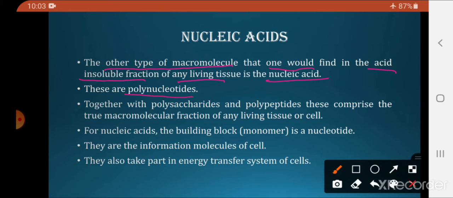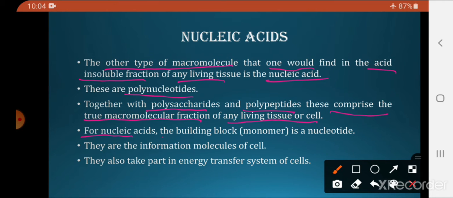These are polynucleotides. Poly means many. So when many nucleotides are joined, it forms the nucleic acids. Together with polysaccharides and polypeptides, this comprises the true macromolecular fraction of any living tissue or cell. So in the macromolecular fraction, along with polysaccharide and polypeptide, the other component present is the nucleic acids.